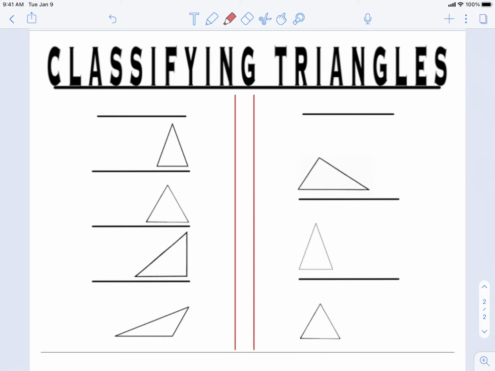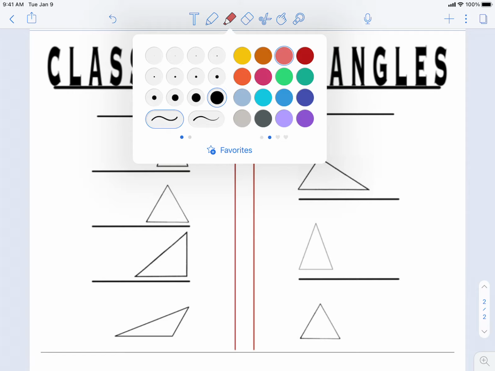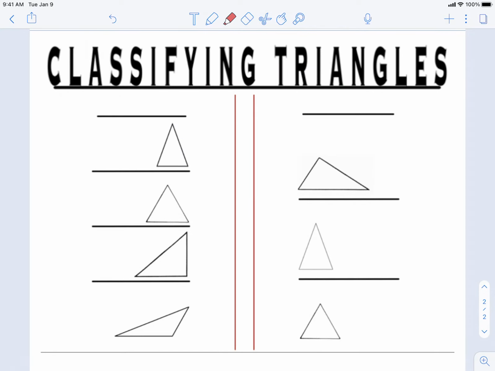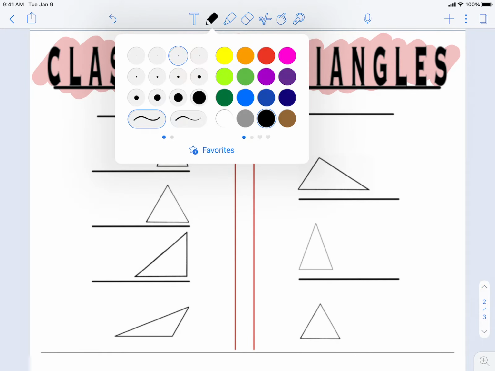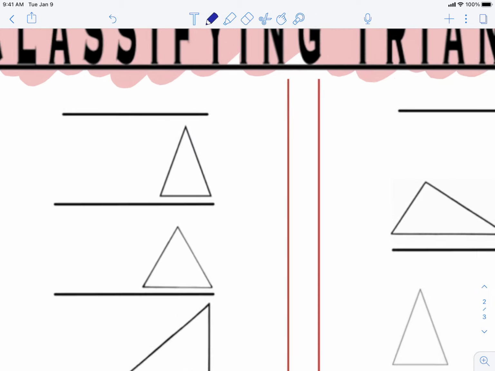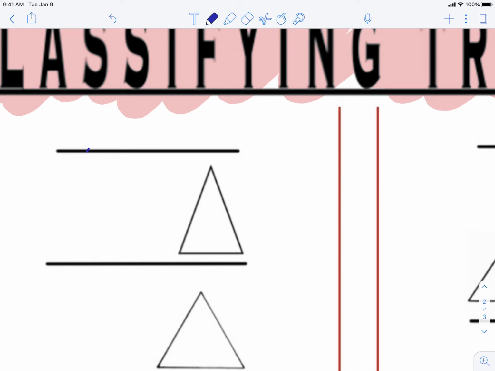All right. Step one, as we always do, we read the title of these notes, and they are called classifying triangles. We are going to classify triangles. We're going to name them. We're going to identify what kind of triangles we have. The first way that we are going to identify triangles is by angles.